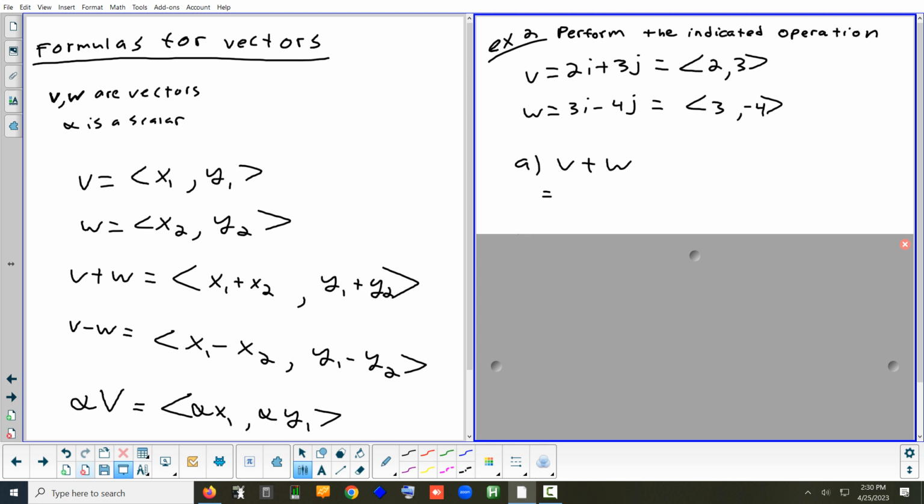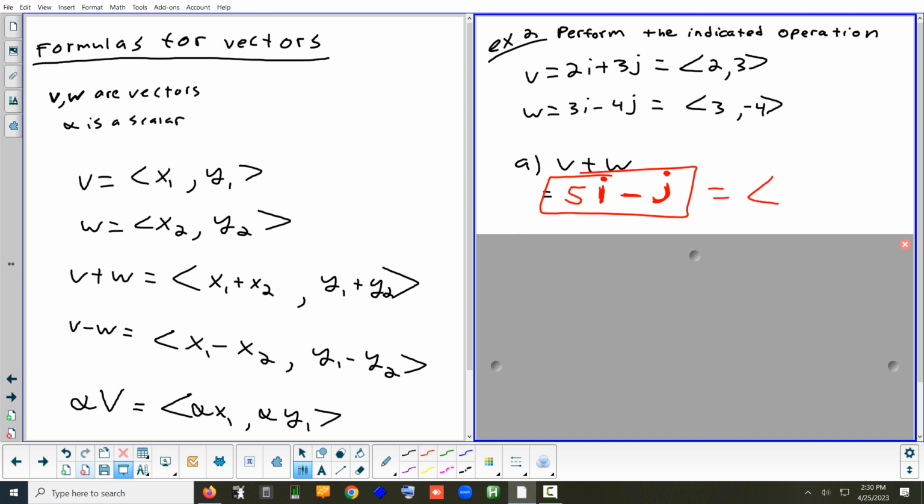Yeah, let's write it with the i and j, and then we'll write it the other way. So 5i. And what about the vertical component? Negative 1j. You can just do minus j, or you can do negative 1j. And that's how you add the two vectors together.